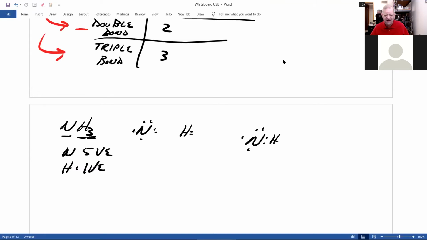And it does. And the other ones do the same thing. And the question is, what kind of covalent bond exists between the nitrogen and hydrogen in ammonia? And the answer is a single bond, 1 pair of electrons.